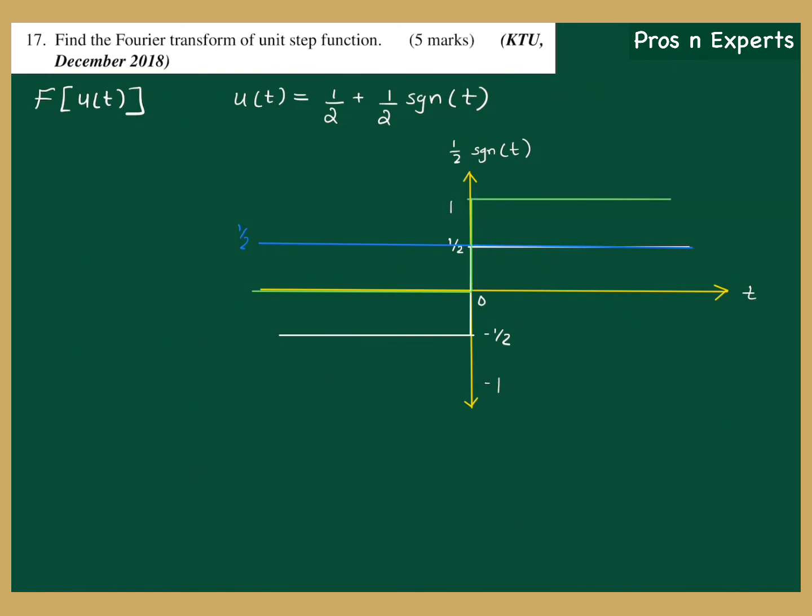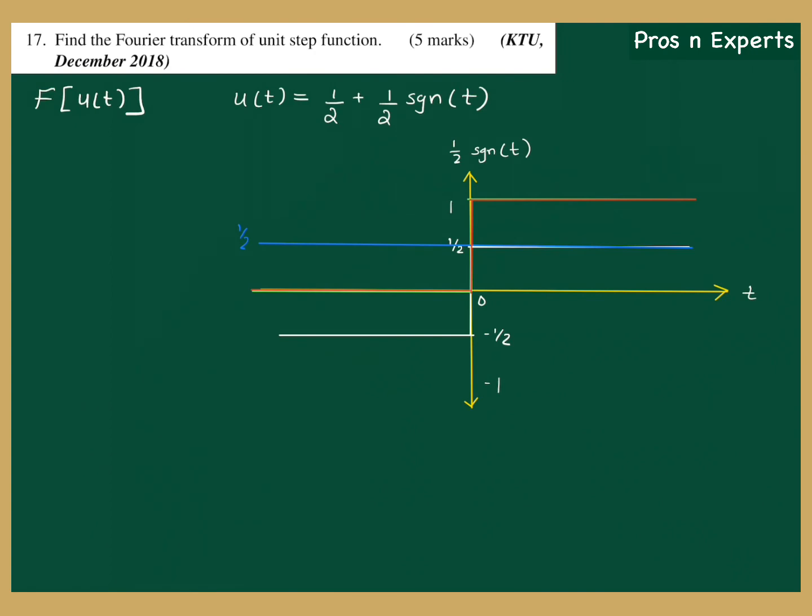Right. This signal, I'm just redrawing it in another color for easier understanding. This red signal is the sum of half and half signum of t.